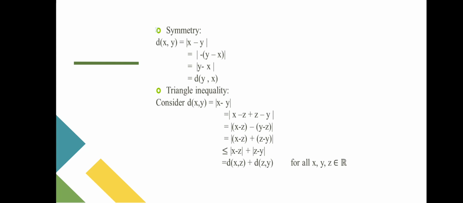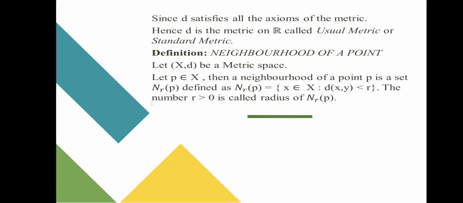So we have modulus x minus z plus z minus y, which is less than or equal to modulus x minus z plus modulus z minus y by properties of modulus, which implies d of x comma z plus d of z comma y for all x, y, z belongs to R. Since d satisfies all the axioms of the metric, hence d is the metric on R called usual metric or standard metric.